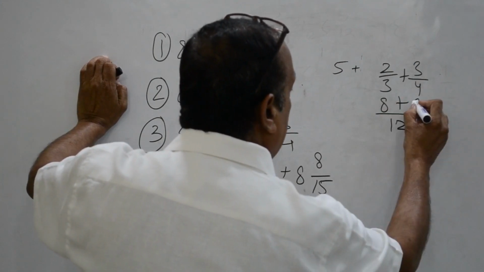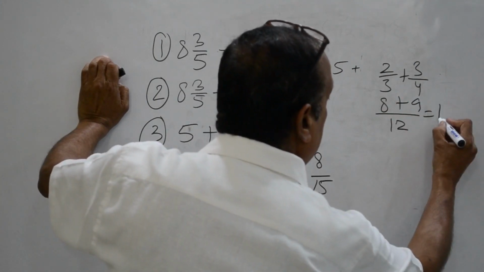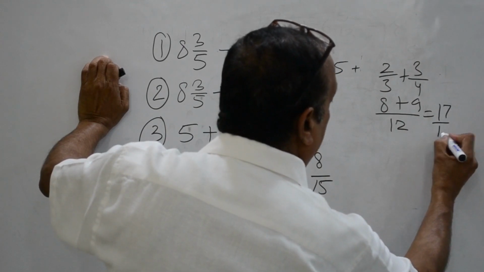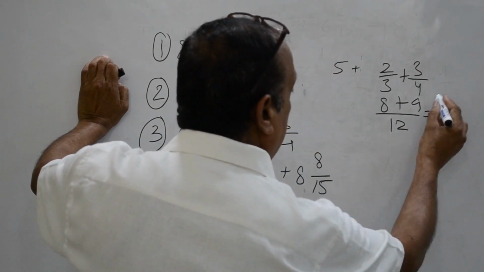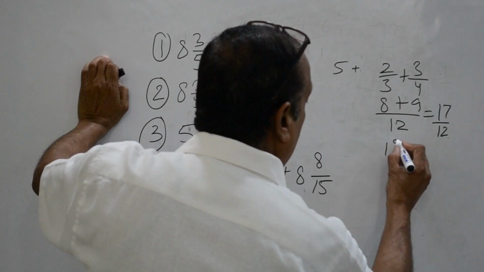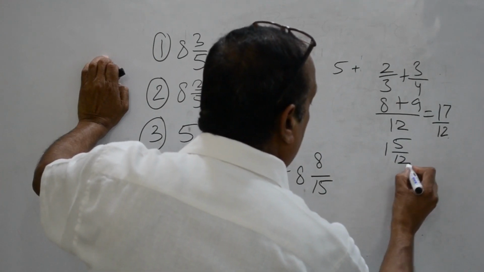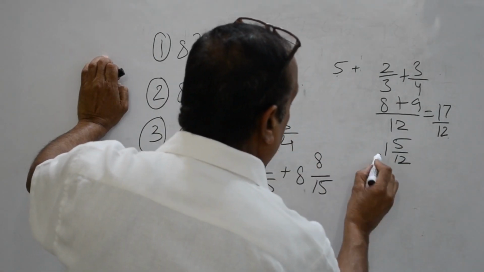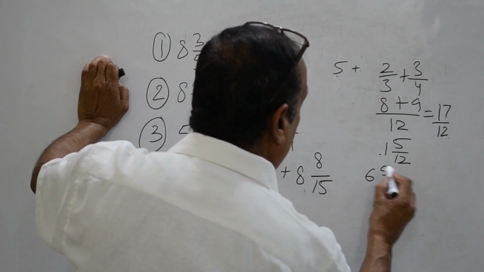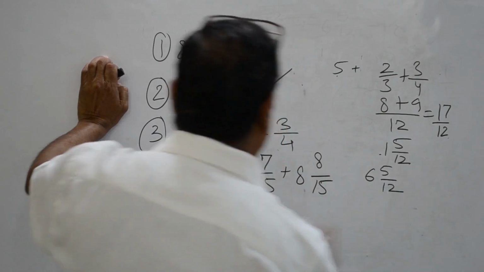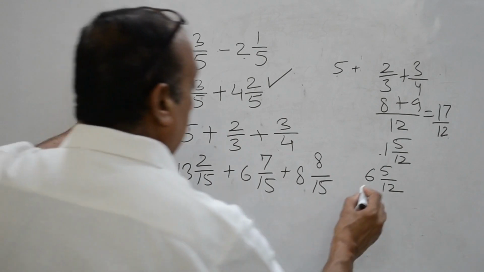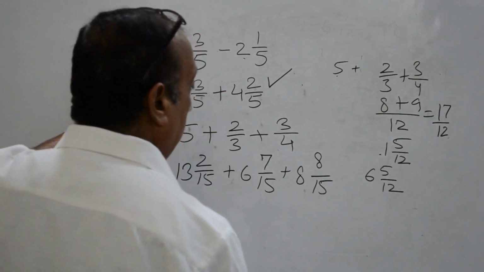So 3 threes are 9. So 17 upon 12. This is converted into a mixed number. So the answer becomes 5 plus 1, 6, 5 upon 12. So the answer of the third problem is 6 whole number 5 upon 12.